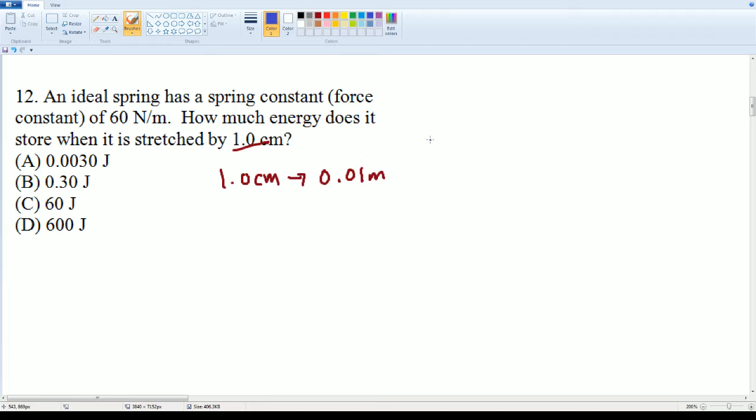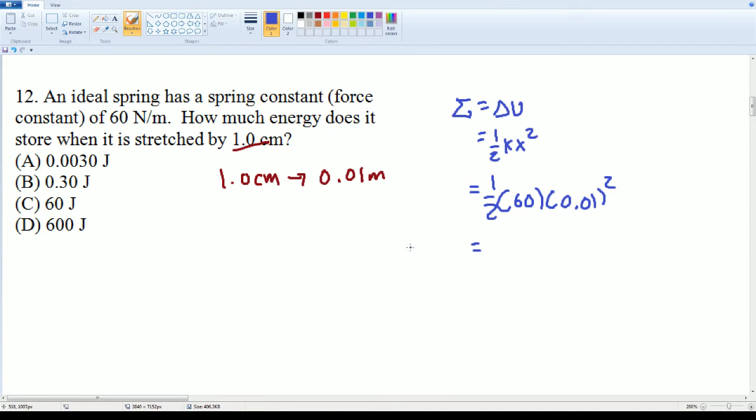That is going to be the delta U. The summation of the energies is that, so the final is just going to be 1/2 kx squared. So it's just 1/2 k, which is 60 newtons per meter, times 0.01 squared. This gets you its energy.